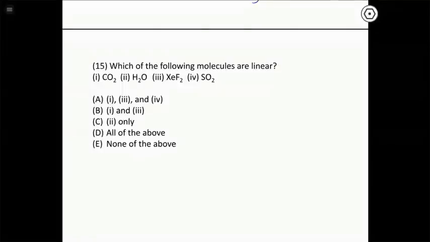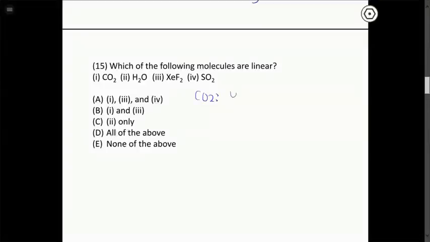And whether it's linear or bent is going to be determined by whether the central atom has lone pairs or not. Different numbers of lone pairs on the central atom can give rise to different structures. So if we start with CO2, we count electrons. We get 4 for carbon, 2 for 2 oxygens with 6 each. So we have a total of 16 electrons in CO2.